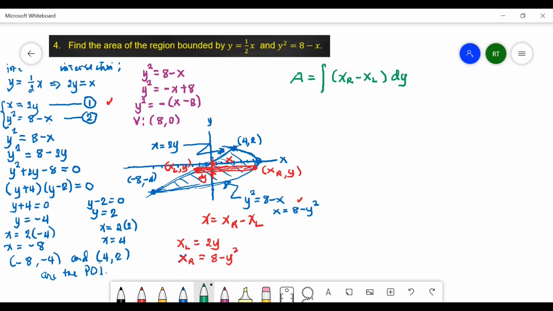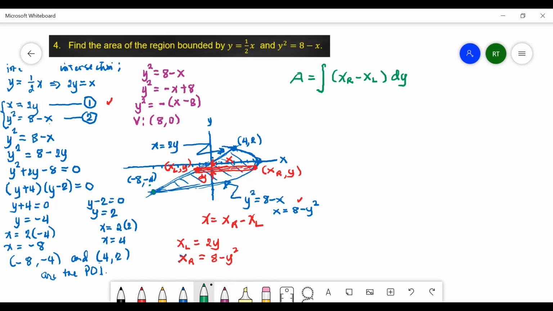If we are going to evaluate this from the lower limit, look at the points of intersection, -8, -4, and 4, 2. So the lower limit of integration is y is equal to -4. Take note that the variable of integration is y, so we have to determine the limits of integration as the values of y on the points of intersection.